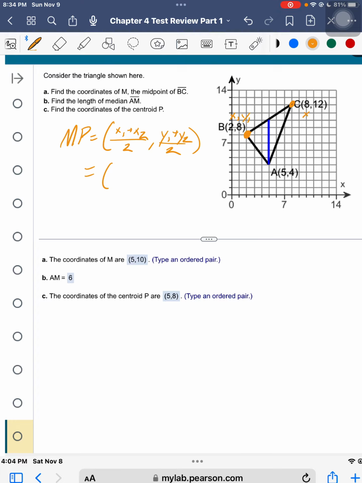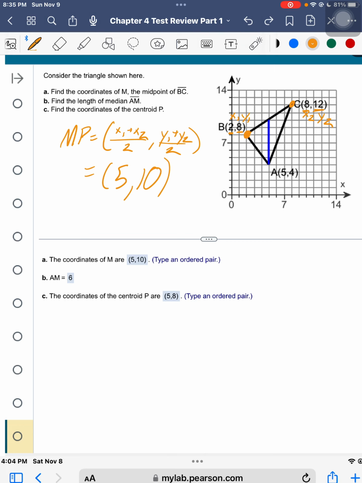Let's name this x1, y1, and this x2, y2. So x1 plus x2, what is 2 plus 8? That's 10, divided by 2 is 5. What is 8 plus 12? That's 20, and 20 divided by 2 is 10. So my midpoint is 5, 10.